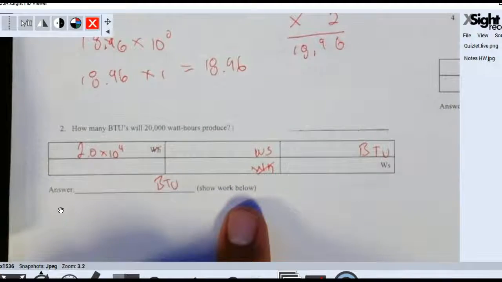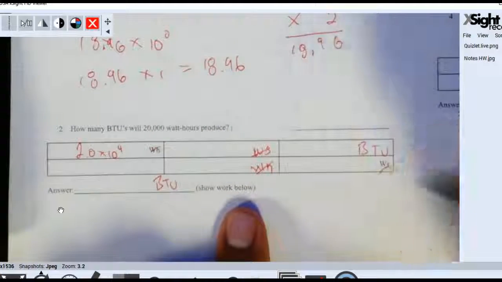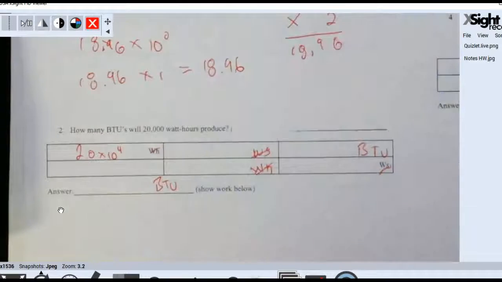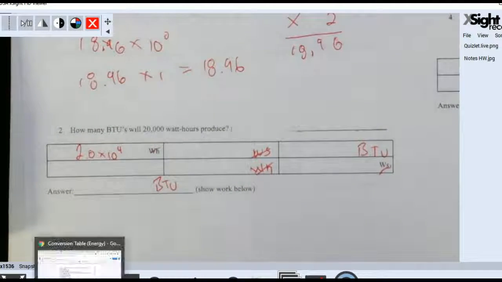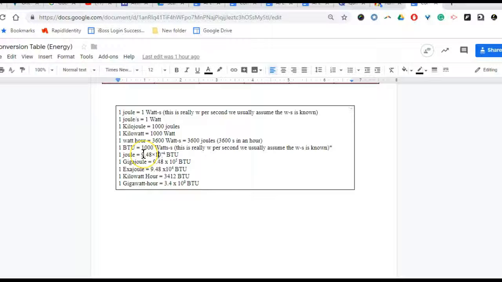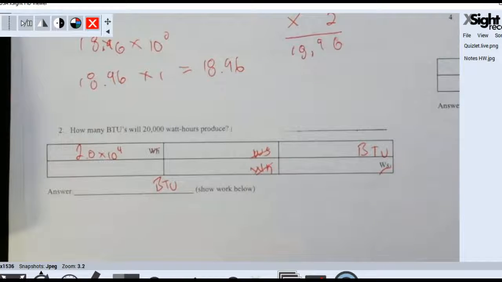Okay, now I just need to find my conversions, because this is going to cancel out, that's going to cancel out, and I'm left with BTUs. So let's go back to my conversion chart. All right, can I find a conversion between watt hours and watt seconds? Okay, there's the watt hour and there's the watt seconds right there. So 3,600 watt seconds. So let's come back to this one.